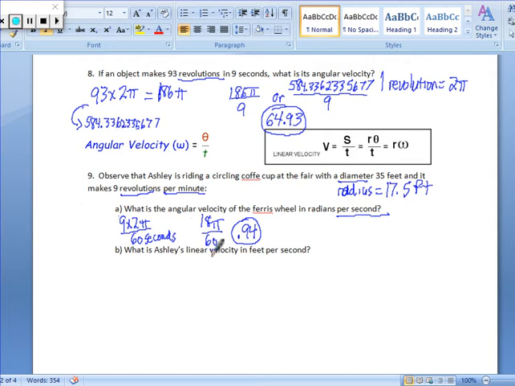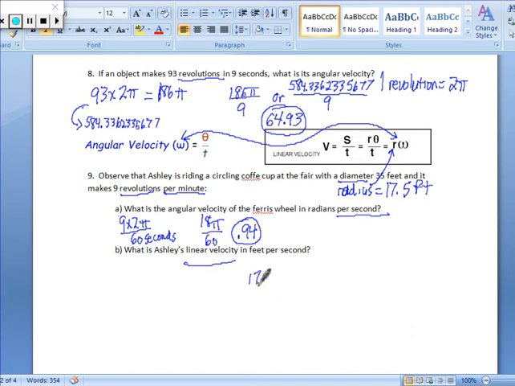And then linear velocity is when you take your angular velocity. That's why I have an arrow right here and right here. I've just figured out what my angular velocity is, and all I have to do is multiply it by the radius, which is 17.5.